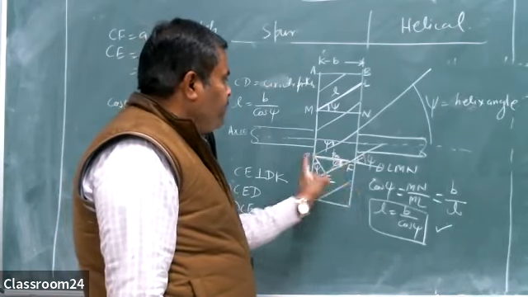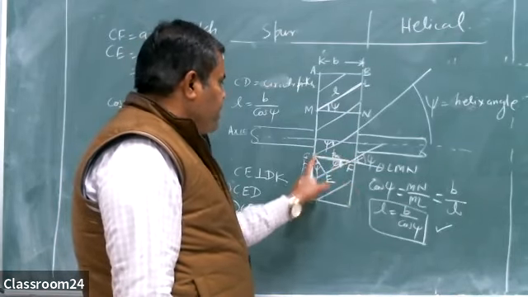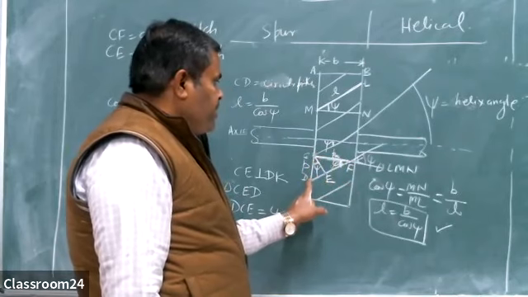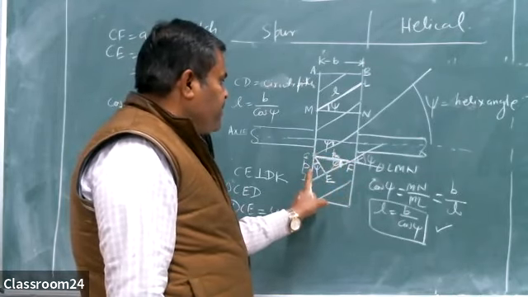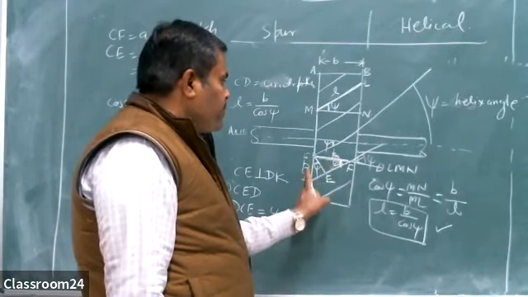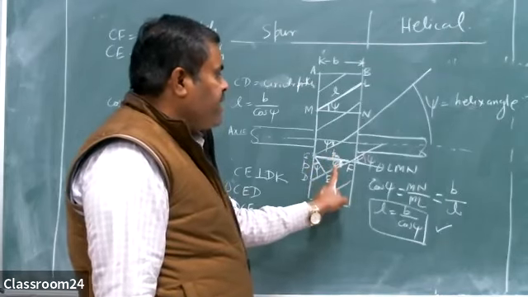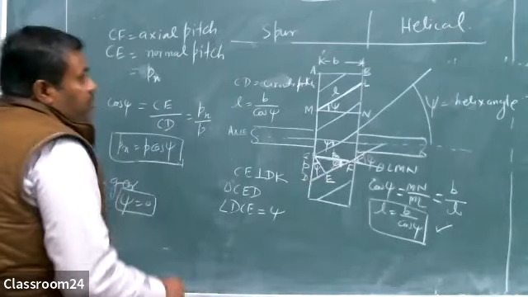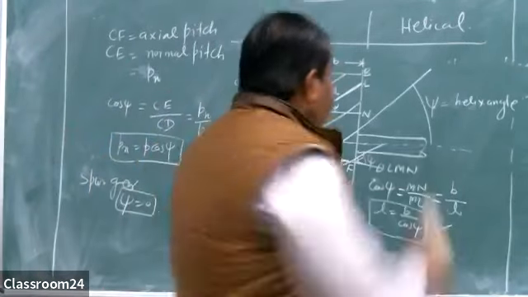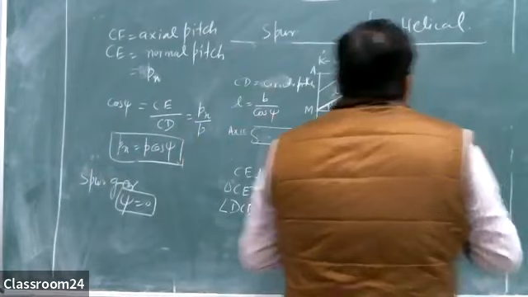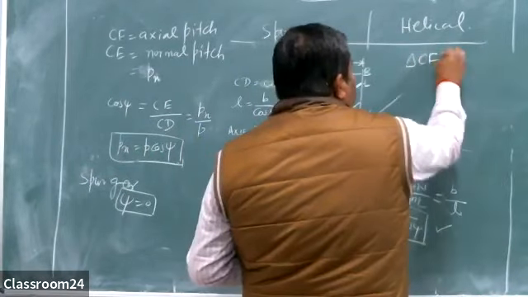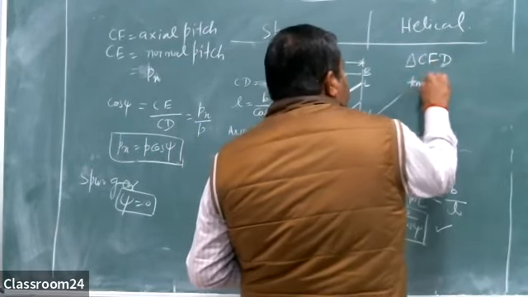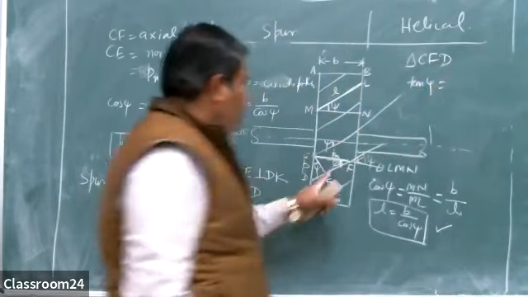In this triangle, PA is the axial pitch and CD is the circular pitch. For this angle, this is the perpendicular, this is the base. So perpendicular upon base is tan psi. I am applying in triangle CFD: tangent of psi is perpendicular upon base.